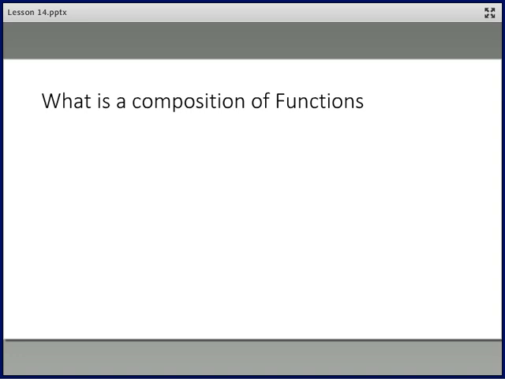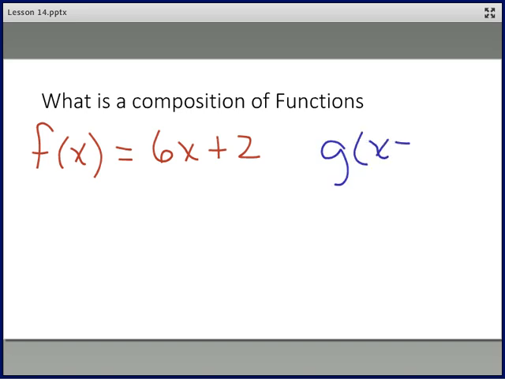So basically what a composition is, let's say for example we have two functions. Let's say f of x equals 6x plus 2. And we have a second function, g of x equals, let's say for example, x squared.